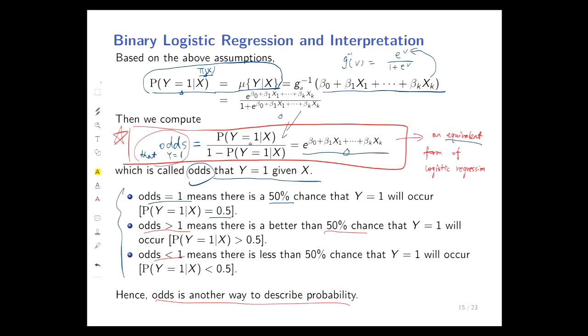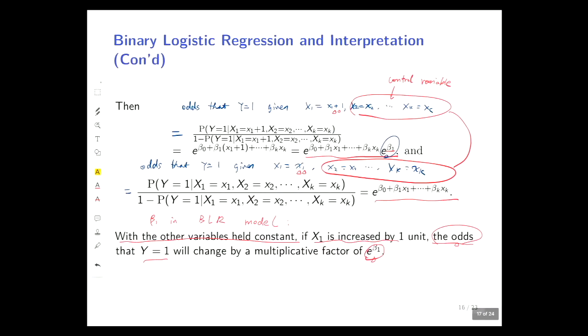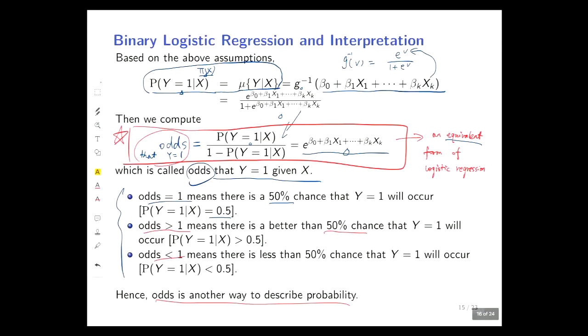So why do we need to use this form? Firstly, it's easier for us to interpret. In this case, the coefficients in the logistic regression model can be interpreted as a multiplicative factor. And secondly, in this interpretation, we interpret odds.